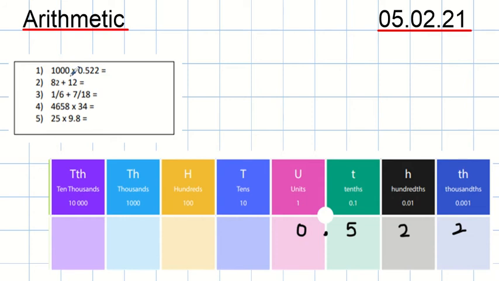Now because I am multiplying, I am making the number bigger. That means it's going to move in this direction to the left. I'm making it 1,000 times bigger, so therefore I need to move each digit to the left by 3 spaces or 3 columns. 1, 2, 3.